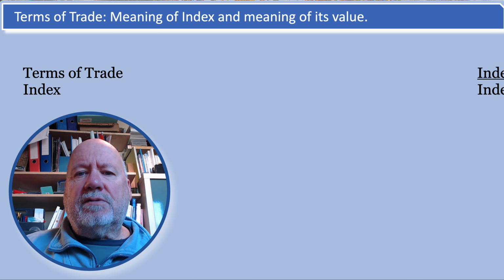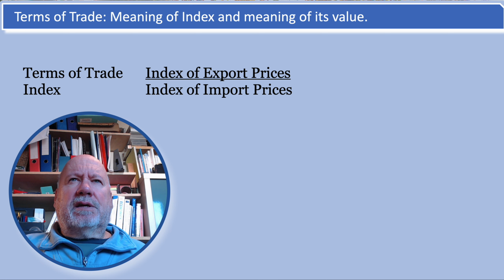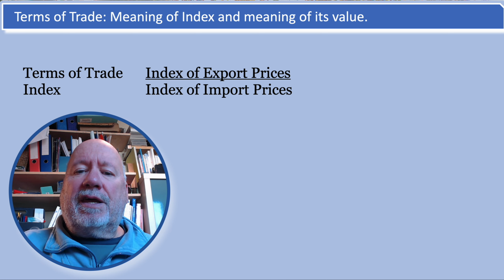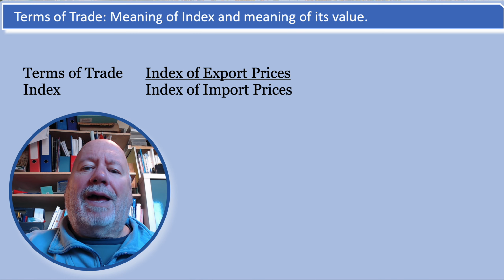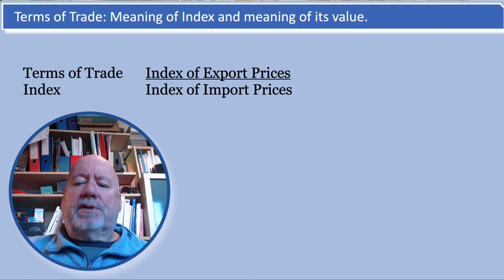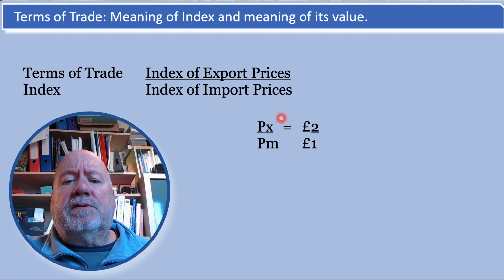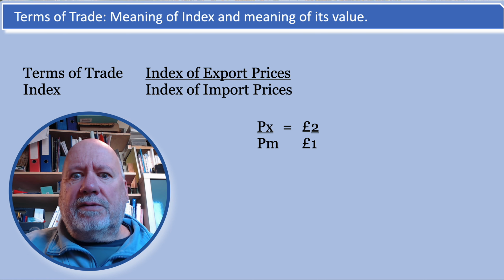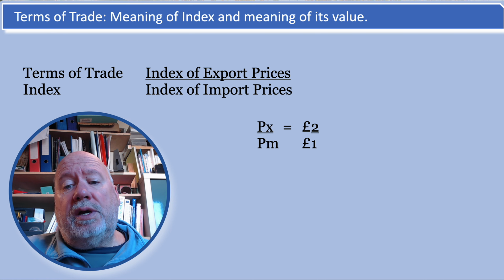This takes it into the real world, because what this says is that when we specialize as a country, we make our goods, we export them, and then I earn a price for that good, and then I go into the international market and I buy imports with it. So, a simple example, if the export prices of my goods were £2, every export I sold, I'd get £2 for it, and then I'd go into the market and I'd be able to buy 2 imports.